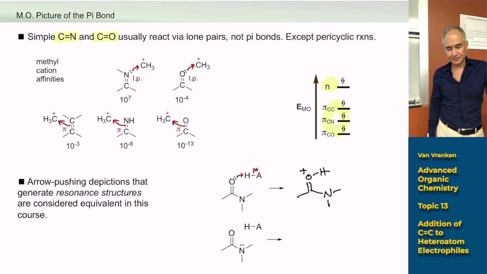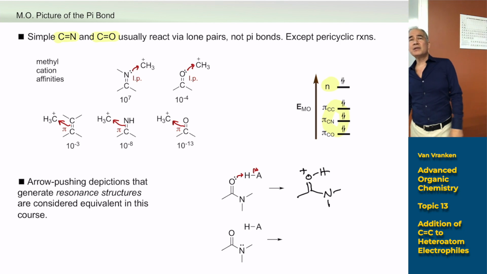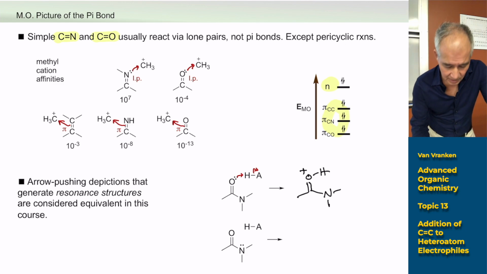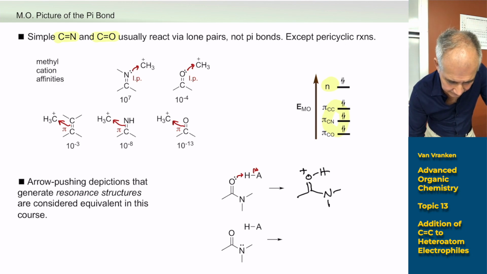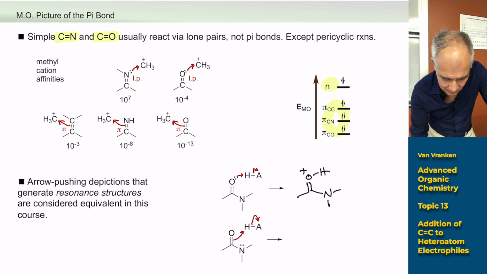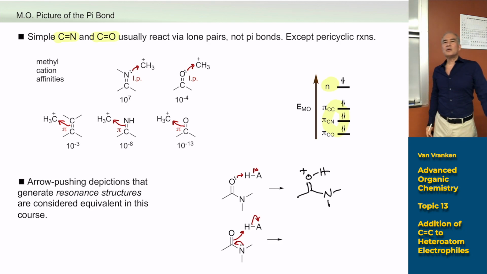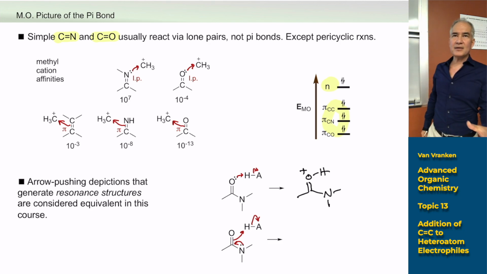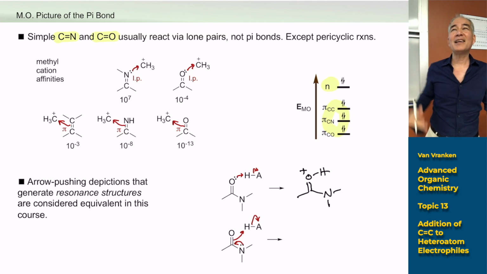There we go. Now there's another way you could depict this. You could use the pi bond to attack that proton, like this. And I wouldn't complain about that at all, as long as you start with the nitrogen lone pair. When that nitrogen lone pair donates into the carbonyl, you create two new orbitals, and one of them is a high-energy pi-like orbital.